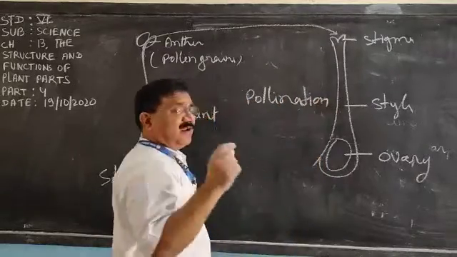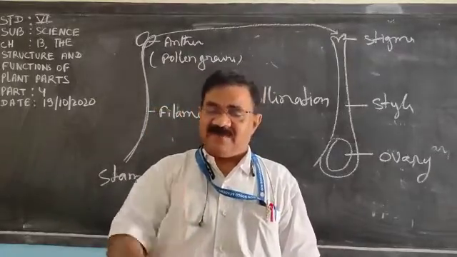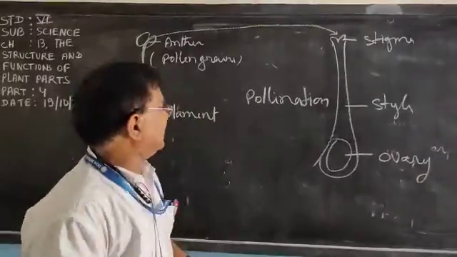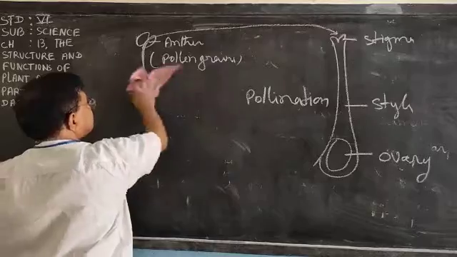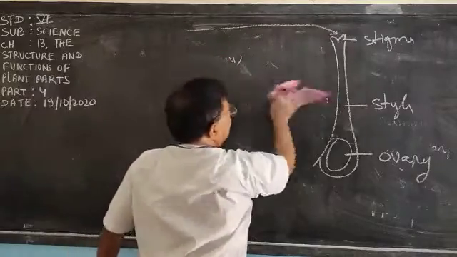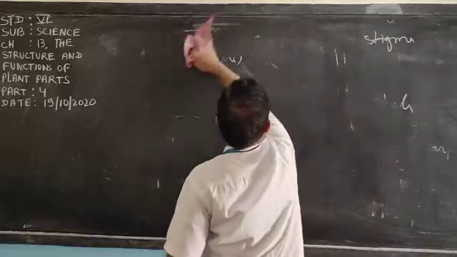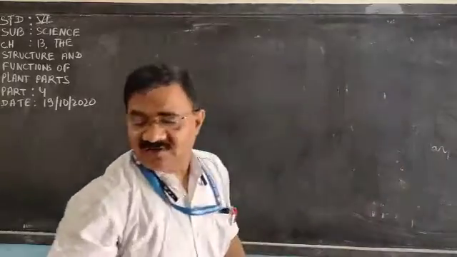So transfer of pollen grain from anther to stigma of the same type of flower is called pollination. This part is clear. Now pollination is of 2 types: self-pollination and cross-pollination.